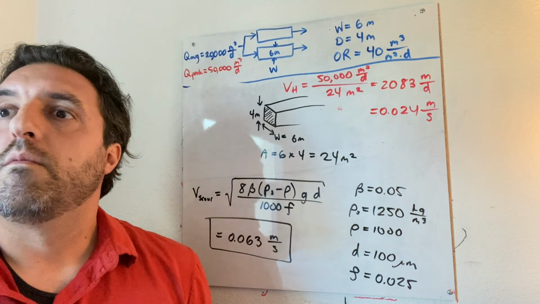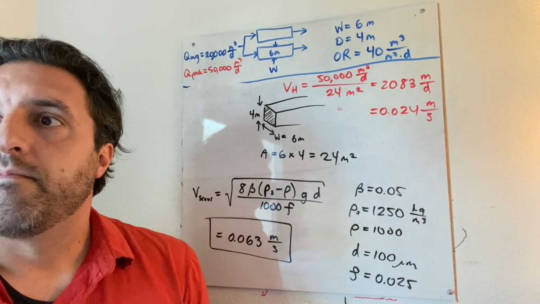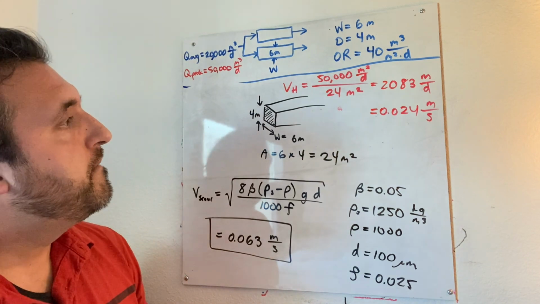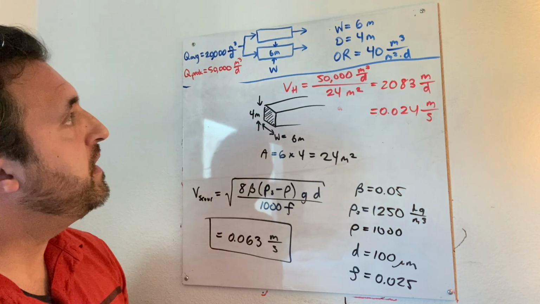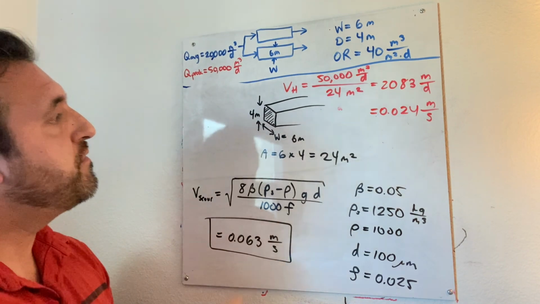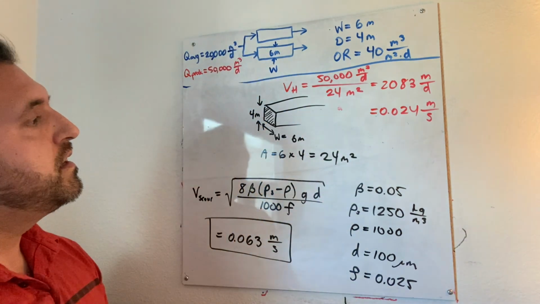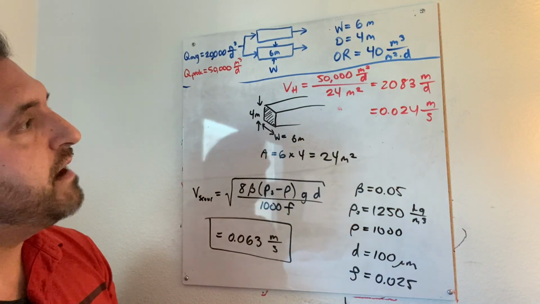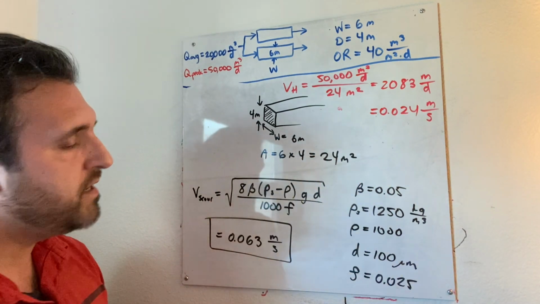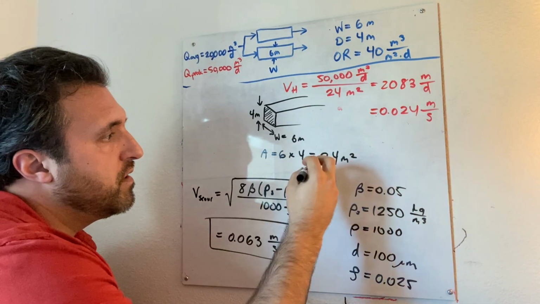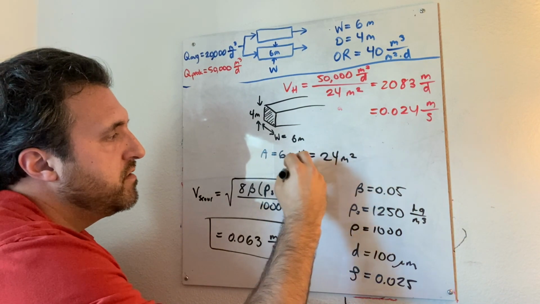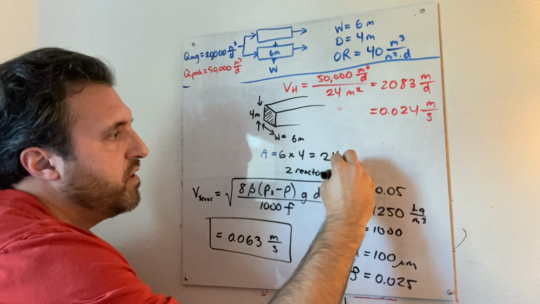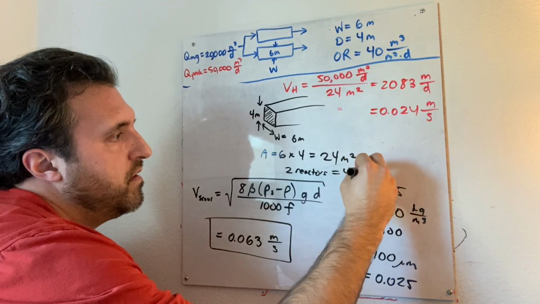Next, I actually made a mistake here, in that we forgot to account for the fact that there are two of these. So the horizontal velocity would actually be even lower than this. Rather than 0.024, our area for one reactor is 24 square meters, but for two reactors it's equal to 48 square meters.